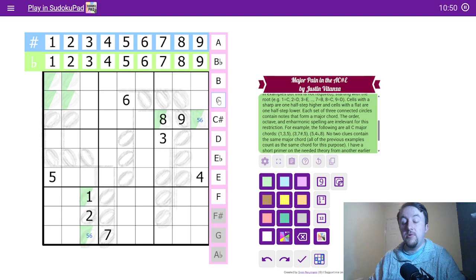They can have modifiers, C major and F major. We've already got the examples for C major over here, 1 3 5, or it could be 3 sharp 7 5, or 5 flat 4 8. So they can have modifiers, but they don't need them.